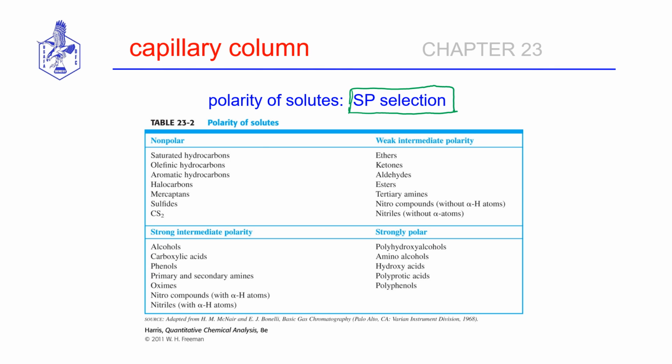So just a general knowledge of where certain functional groups sit in terms of polarity, nonpolar substances. You can look at the list here. Weak, intermediate polarity, ethers, ketones, aldehydes, etc. Strong intermediate polarity, so now we're getting into alcohols, carboxylic acids, and then finally strongly polar groups are those here.